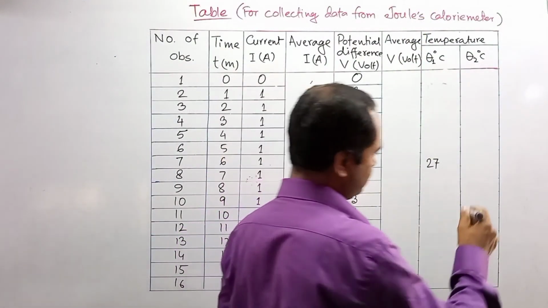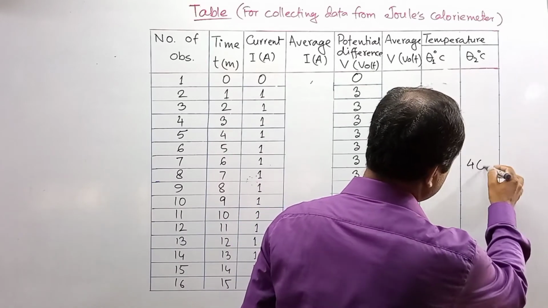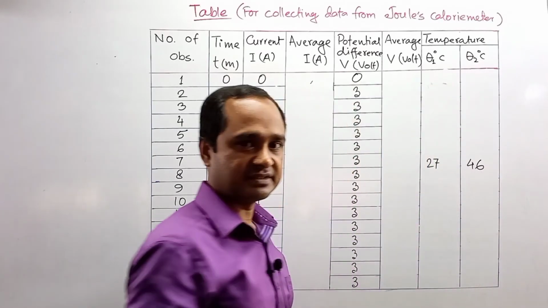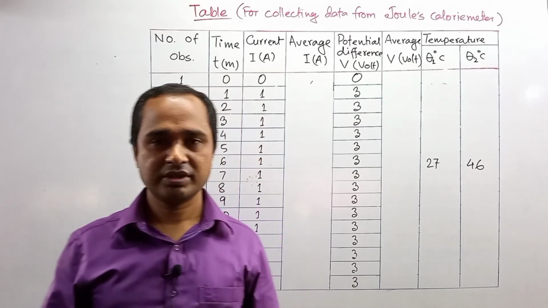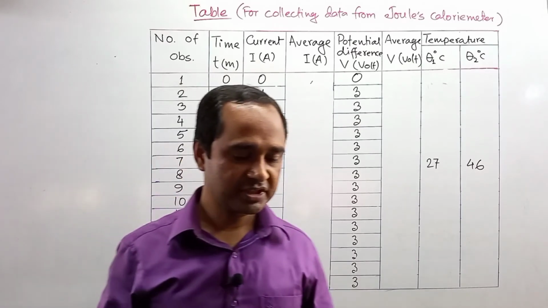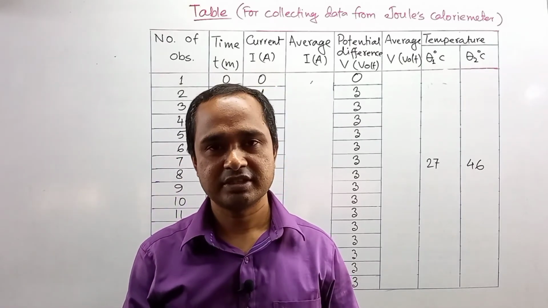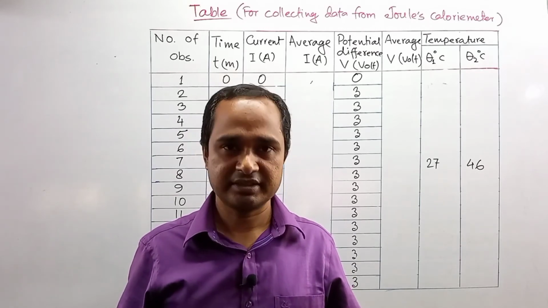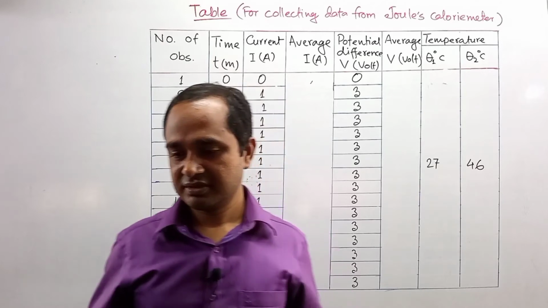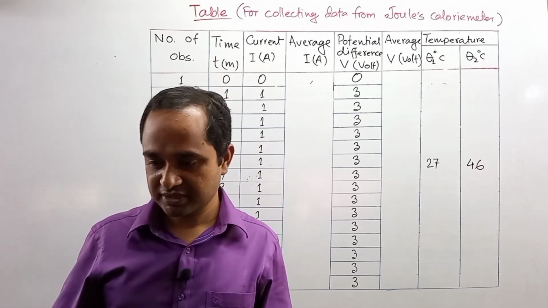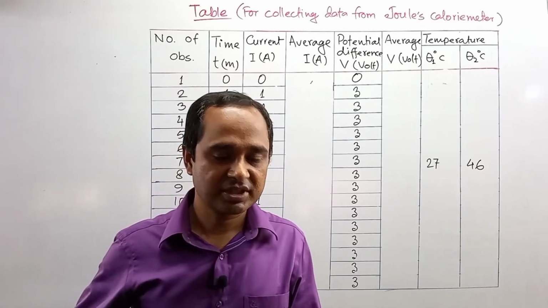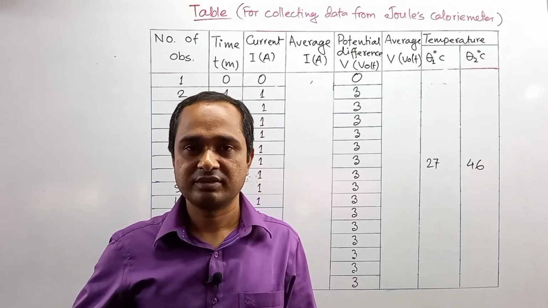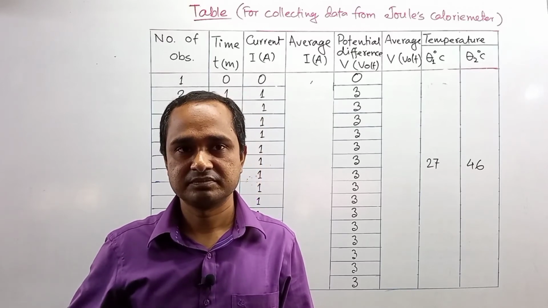So already you have observed the final temperature was 46 degrees Celsius. Okay, dear student, now we need to determine the mass of the calorimeter and the mass of the water using a balance. So let's move to the balance to measure the mass of the calorimeter and water.